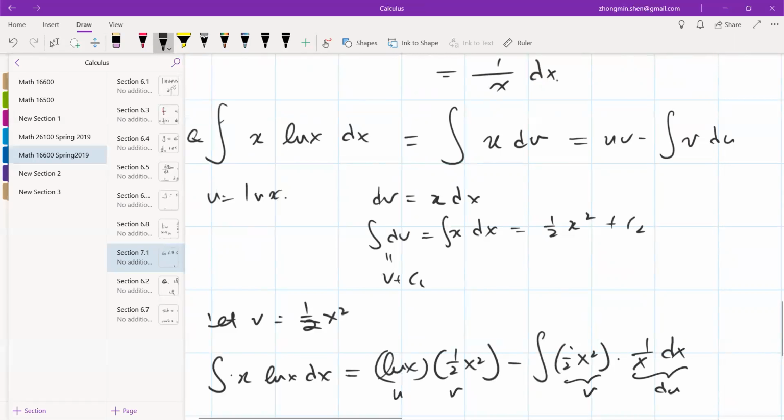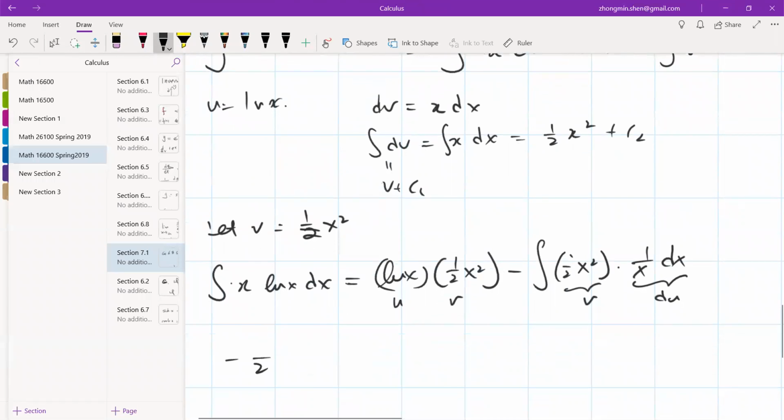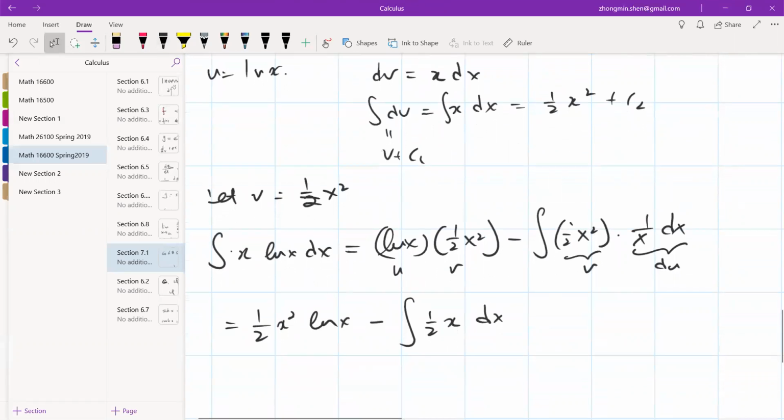That's uv. And then there's no natural log of x in the integral; I only have half of x dx. Then a polynomial is easy to integrate. So what is the antiderivative of x? It's half of x squared. So this is the answer.